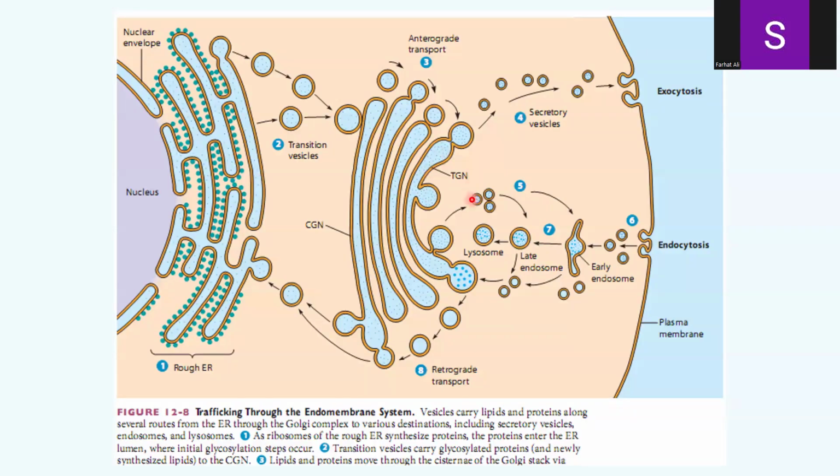Or the vesicles can transport the molecules to other cellular destinations as well. Molecules end up in the cell through endocytosis as an endosome, and then the hydrolytic enzymes are transported to these endosomes, fuse with them, and therefore turn them into lysosomes. So this figure shows the mechanism of trafficking through the endomembrane system. This is sometimes also called the ER-Golgi pathway.